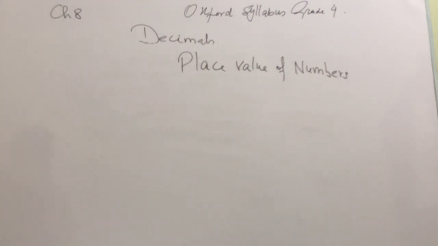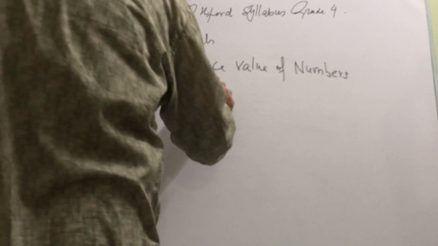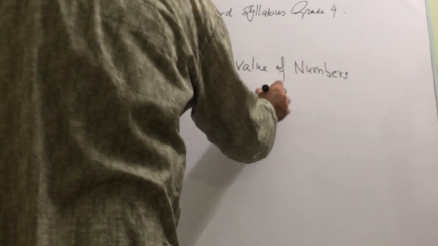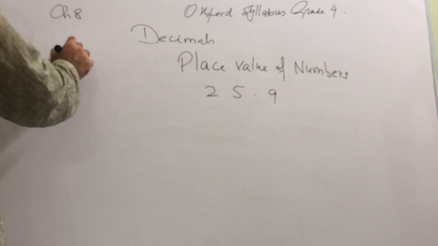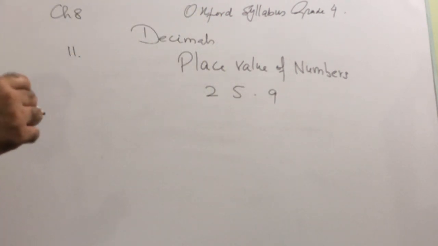The numbers are given in decimal form. So we need to tell the value of each digit in the given figure. What is the value of each digit in 25.9? This is point number 11, page number 153.